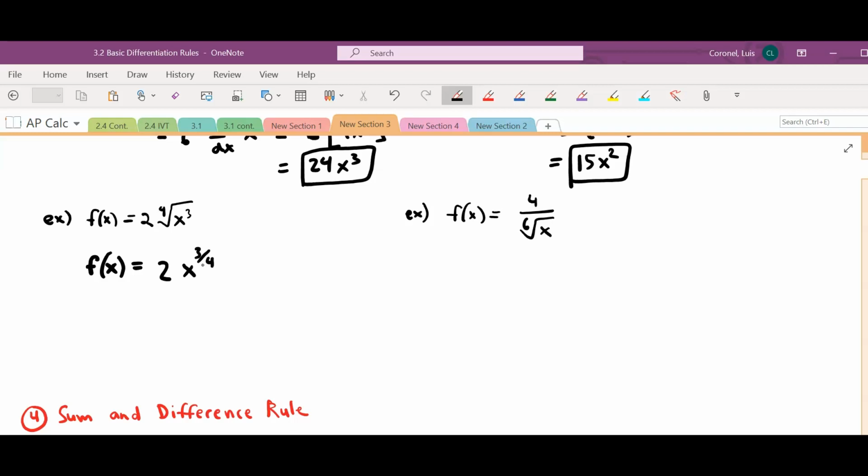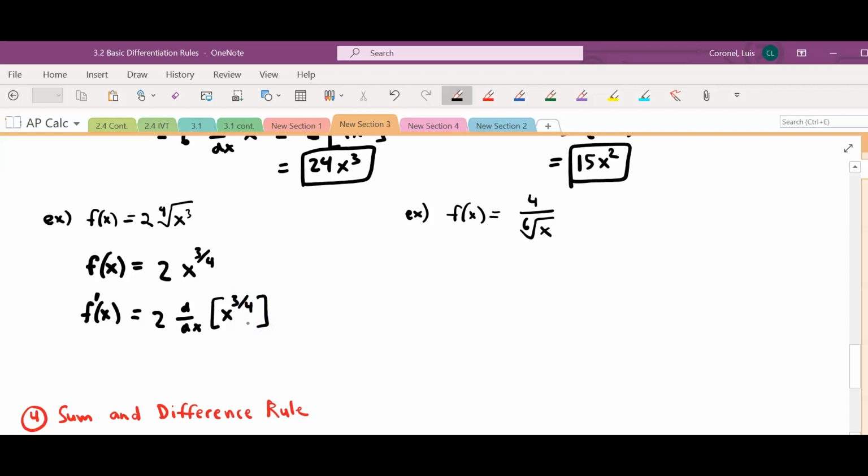Constant multiple rule, nice, okay. So at this point, when we do the derivative, since we're still talking about constant multiple rule, we could leave the 2 out for later. So right now, we're going to do the derivative. This is f prime. 2 times the derivative of x to the 3/4.